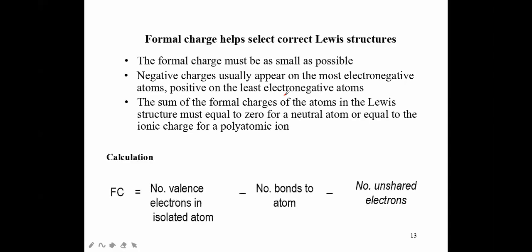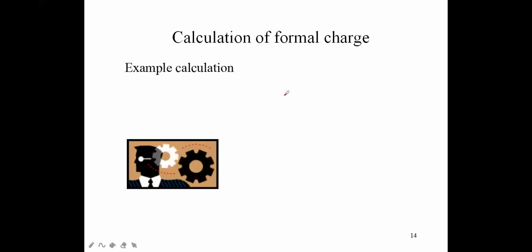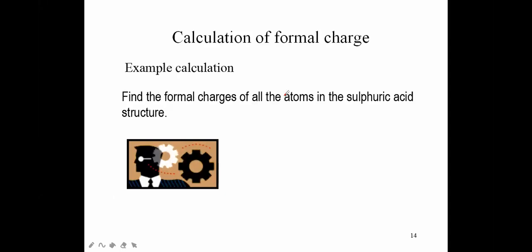The formula for calculation of formal charge is the number of valence electrons in an isolated atom, minus the number of bonds to the atom, then minus the number of unshared electrons. For example, find the formal charge of atoms in the sulfuric acid structure.